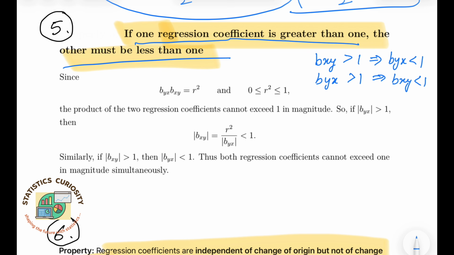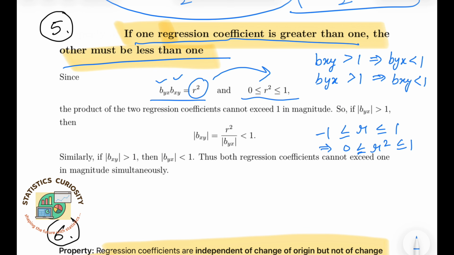We have already seen from property 1 that bxy into byx is small r square. And we know that r lies between -1 and 1, so the square of r will be from 0 to 1. Since the product of these two values is small r square and small r square lies between 0 and 1, the product of two regression coefficients cannot exceed 1 in magnitude.